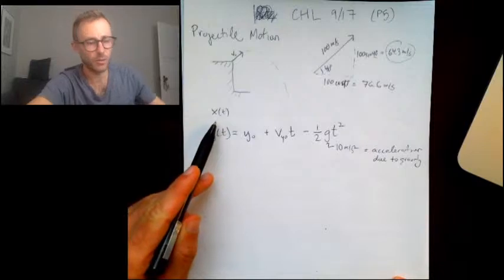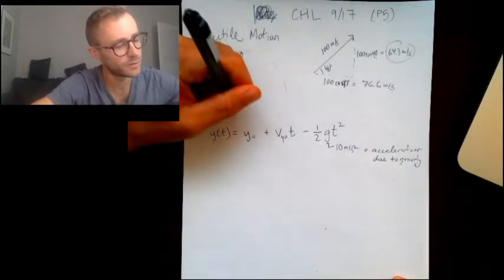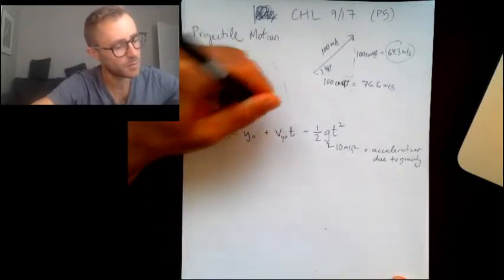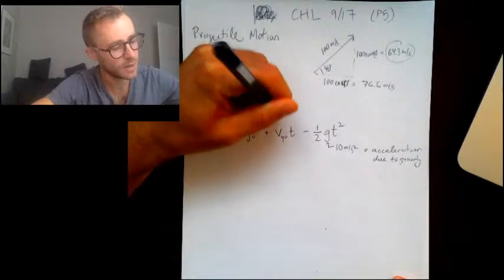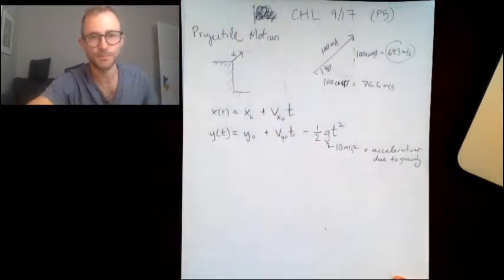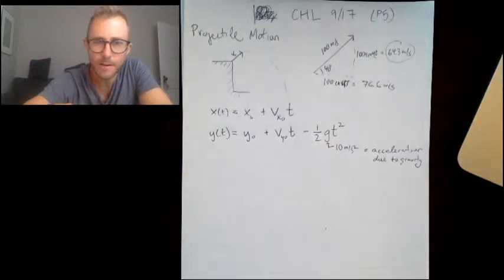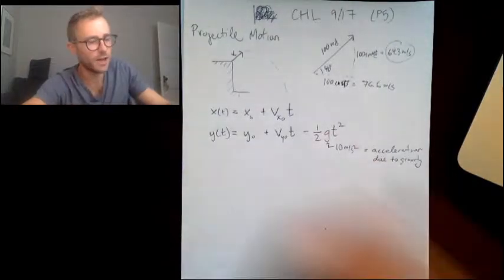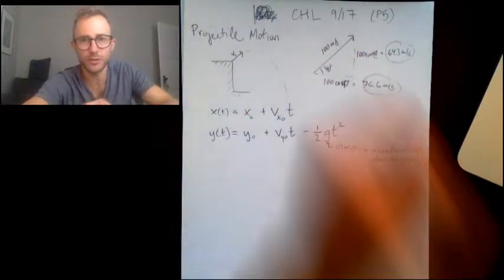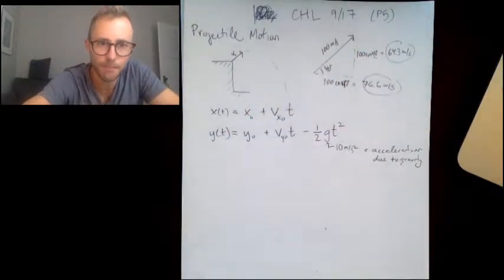The x of t equation is x naught plus v x naught times time, and that's it. The v x naught will correspond to 76.6 meters per second.